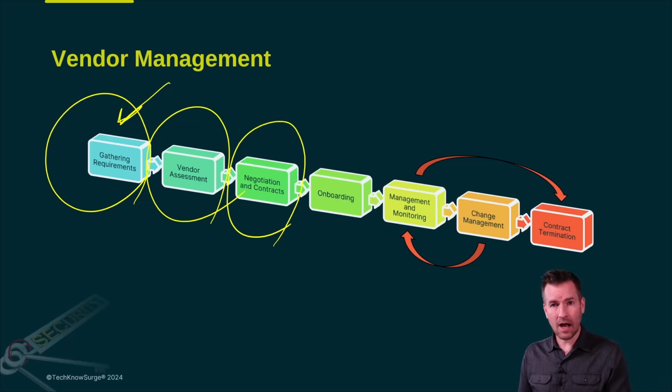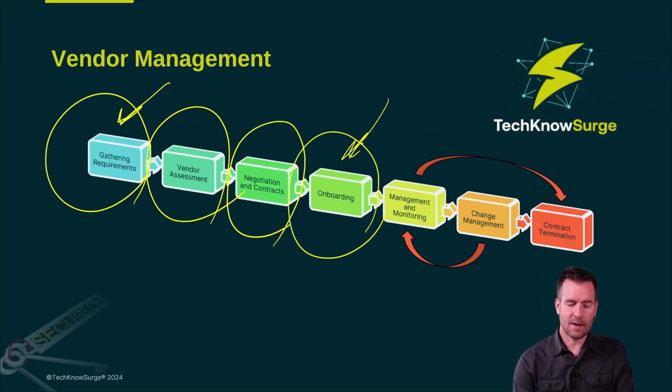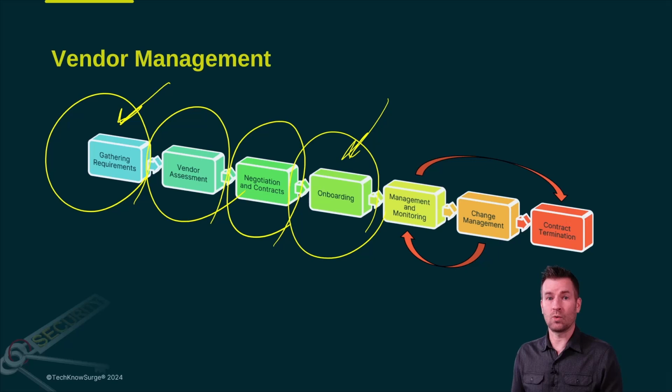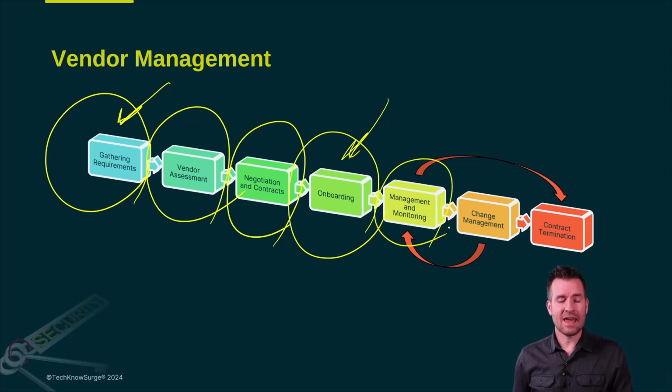So we've got to have some contracts and agreements, and we're going to have different agreements that we're going to assign or agree to between the two different parties. Once we've done that, there's this onboarding process. If it's simple software, this might be a simple process that we have to go through. If it's a more complex project, then maybe we have to go through a lot more onboarding with this.